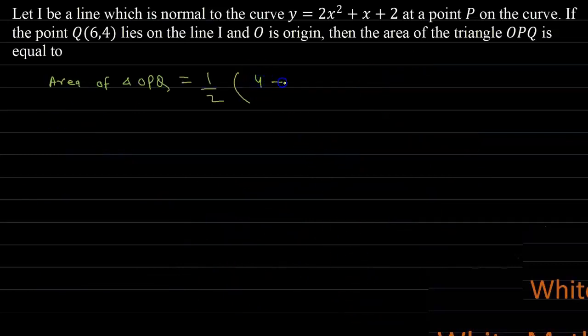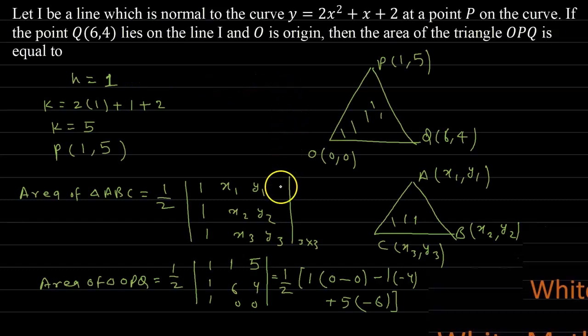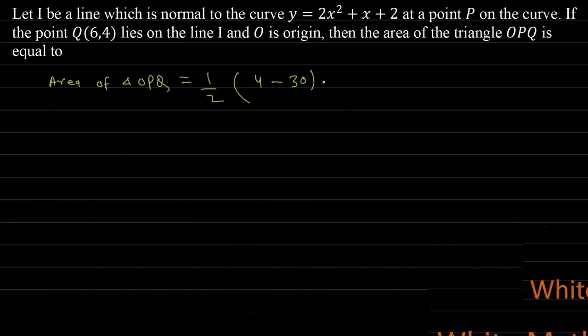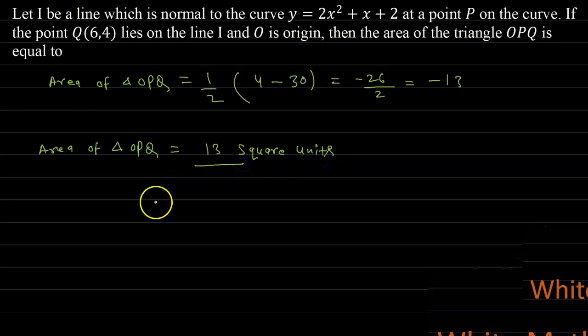This is 4 and this is -30, so it is equal to -26/2, that is -13. Since area cannot be negative, neglect the minus sign. So the area of triangle OPQ is 13 square units. So it is the required answer. Thank you.